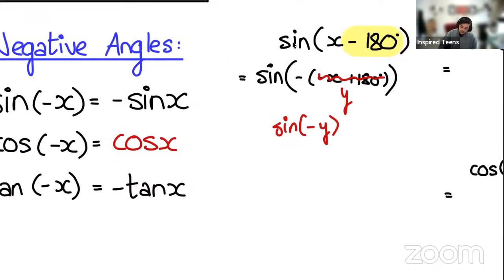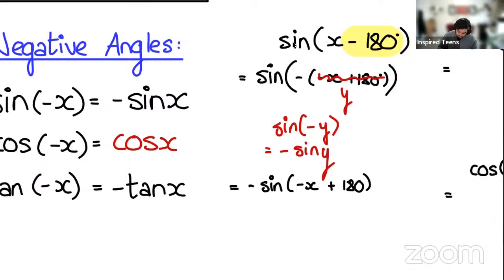So sine negative y is equal to negative sine y. Let's work with this example. Because we have a negative angle inside, I can take this negative out: negative sine of negative x plus 180. And now our reduction angle is positive, by the way.